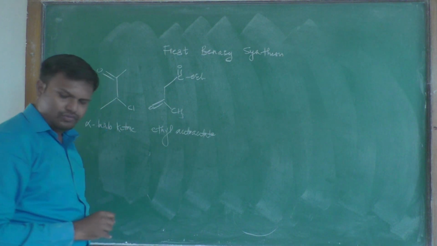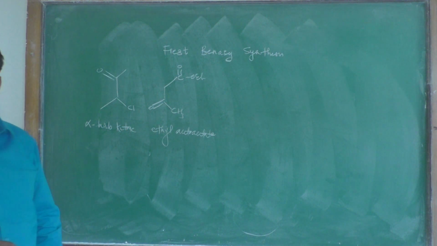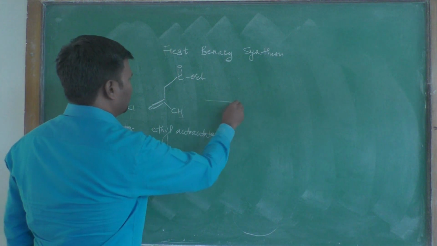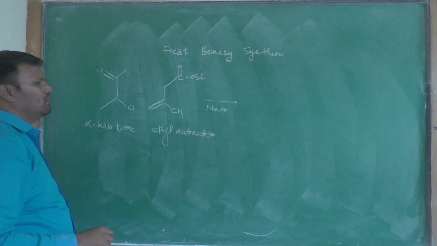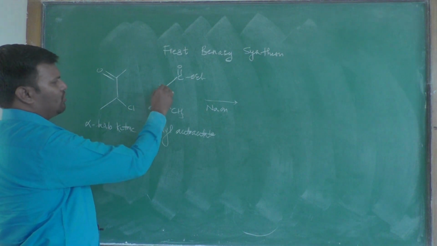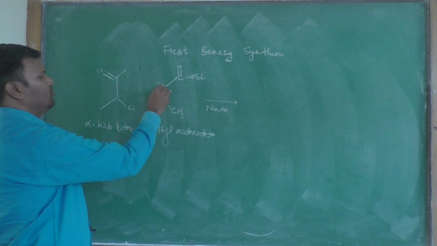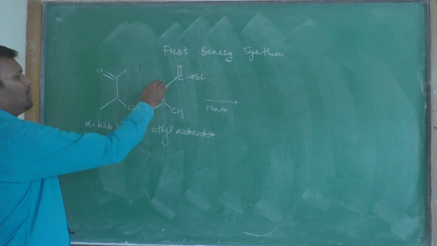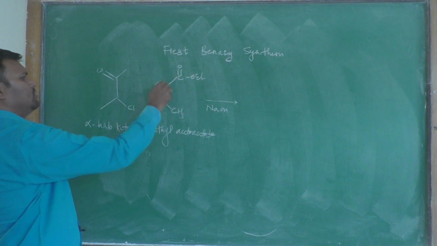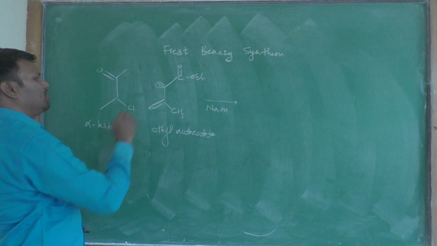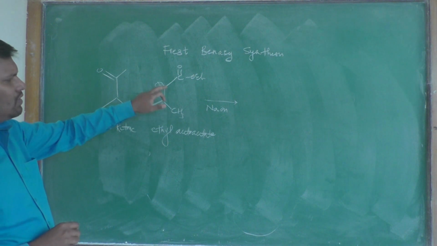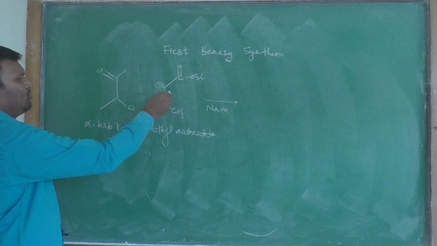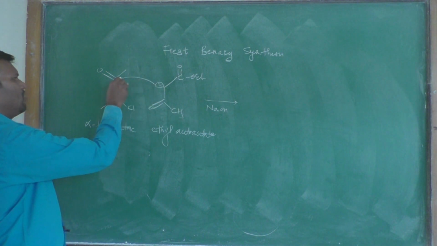Okay, when you use the base, the base picks up the hydrogen. This is the most acidic center, because this center is in between those carbonyls. The negative charge produced by picking up the hydrogen will be on this center.